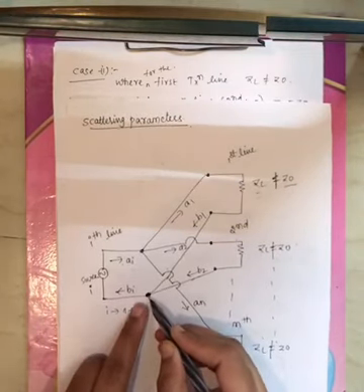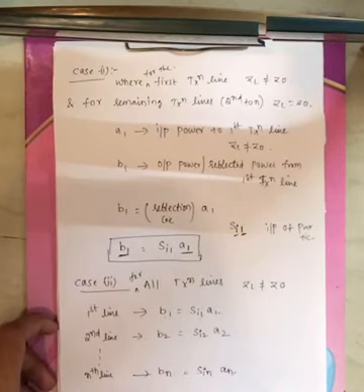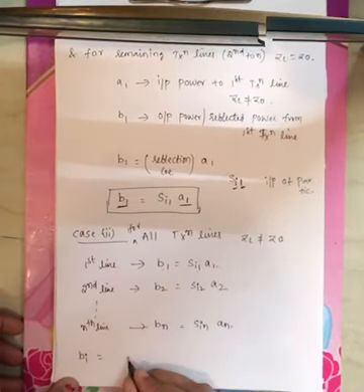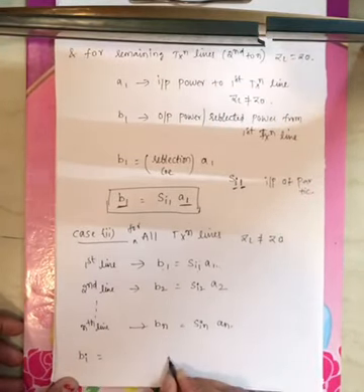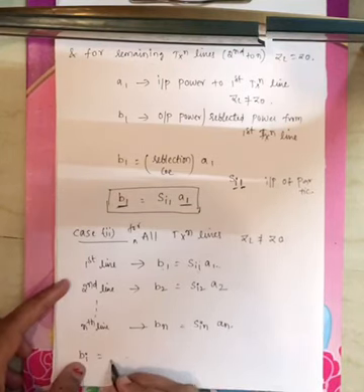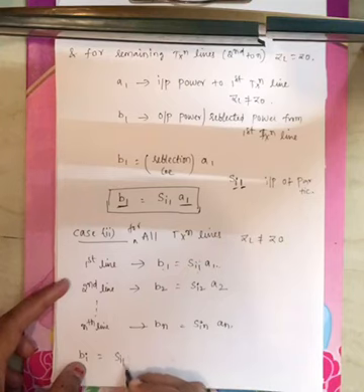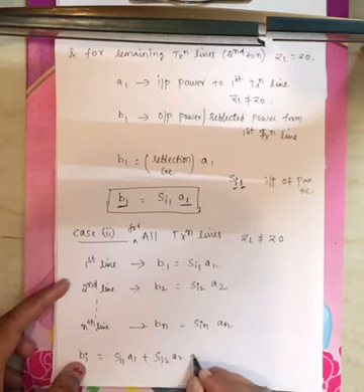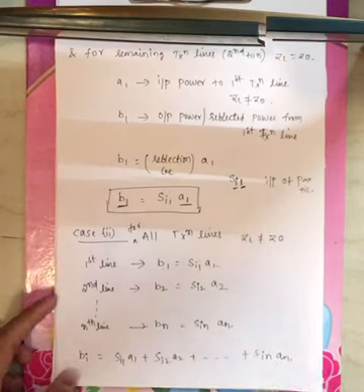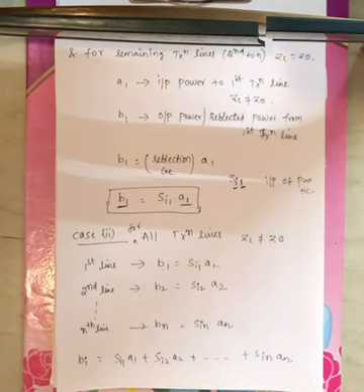The total contribution of reflected power from the first transmission line, second transmission line, so on up to the nth, is given by S11 A1 from the first transmission line, S22 A2 from the second, so on up to Snn An. This is the total reflected power from all n transmission lines.